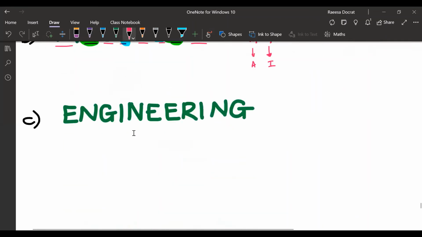Okay, so the last word is ENGINEERING. It's a long word. We have 1, 2, 3, 4, 5, 6, 7, 8, 9, 10, 11 letters. So there are 11 factorial ways of arranging the 11 letters. And then we have repetitions. We have E repeating: 1 E, 2 E's, 3 E's.